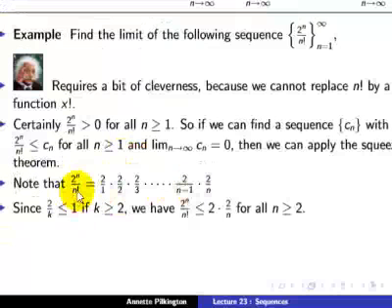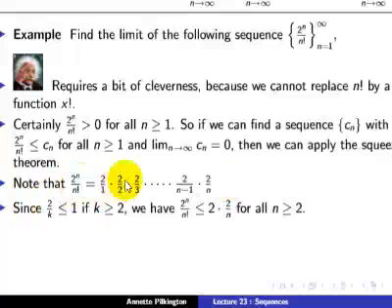Factorial n is 1, 2, 3, up to n minus 1 times n, the product of these numbers, and 2 to the n is 2 times 2, and we multiply 2 n times, right?